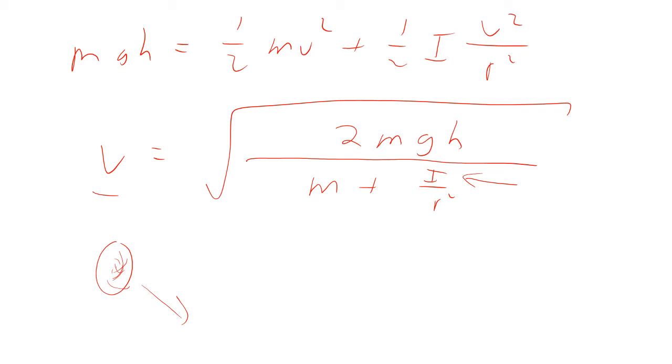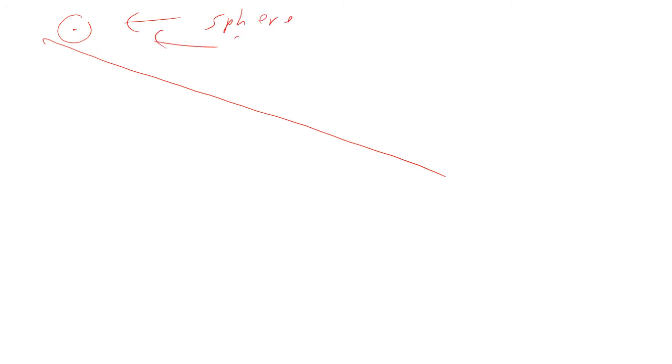So whichever one has the biggest velocity would reach the bottom first. For example, let's say I have two objects up here. One object is going to be a sphere, and one object is going to be a cylinder. I let them go at the same time, and I want to know which one reaches the bottom first.